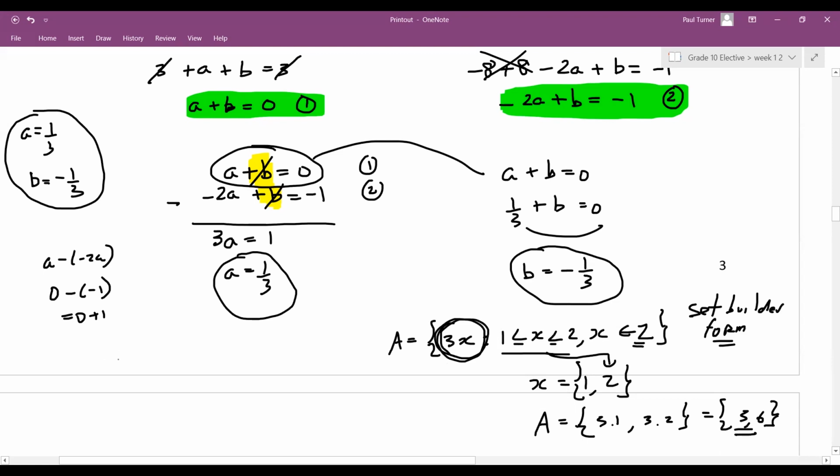So you may have another one, set B, x such that x squared is between 1 and 5, x is an integer as well. In Thai books, they use I. So if you pick up a Thai textbook, they use I for integer.